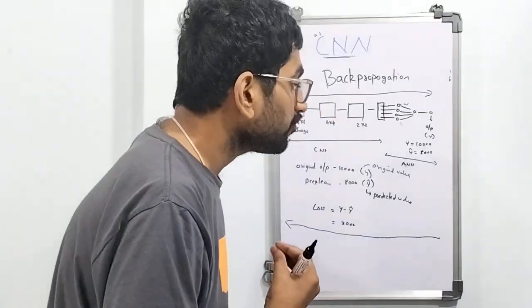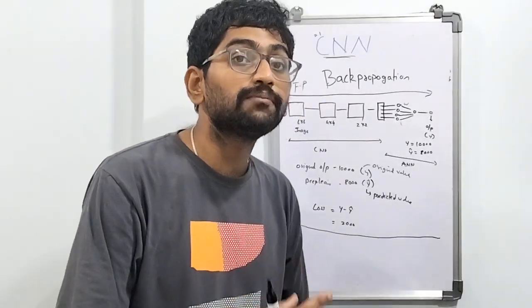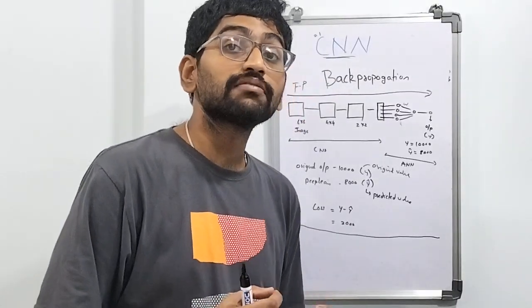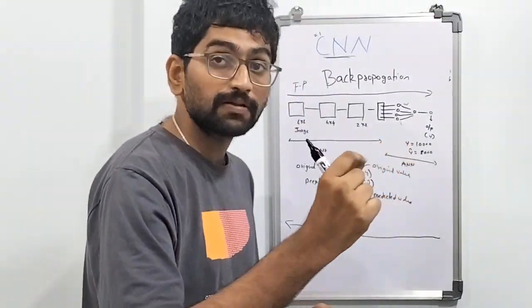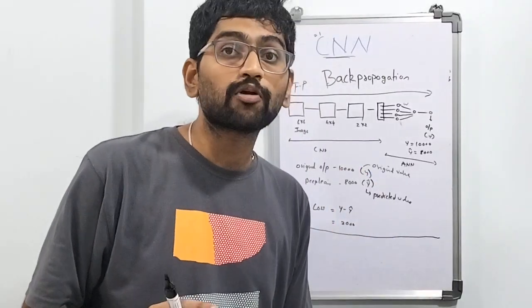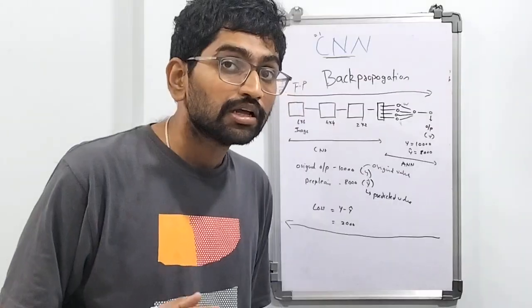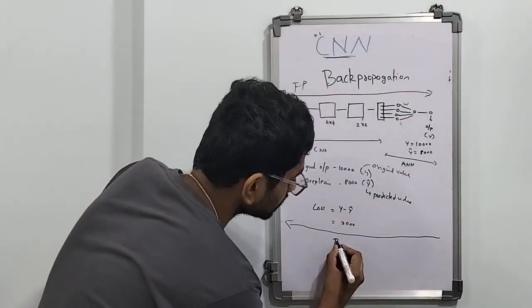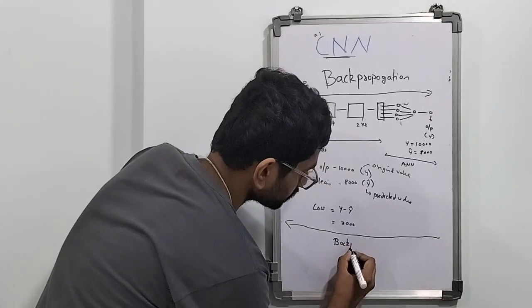So in backpropagation, you have to update the kernel values. If the answer is wrong, it means the kernel is not being updated properly. The kernel values are not proper, so you have to update those kernel values. This process is called backpropagation.